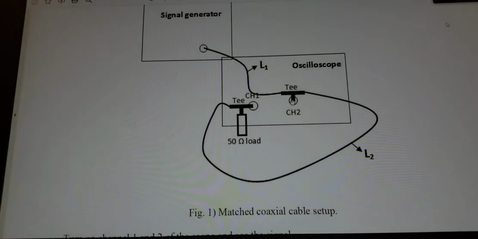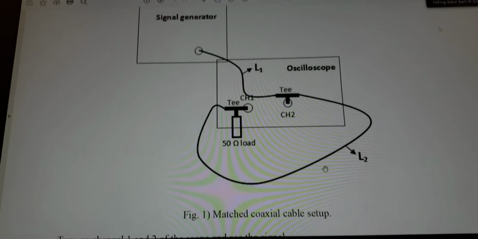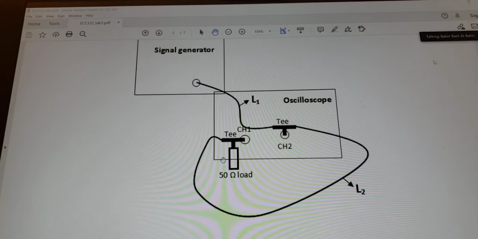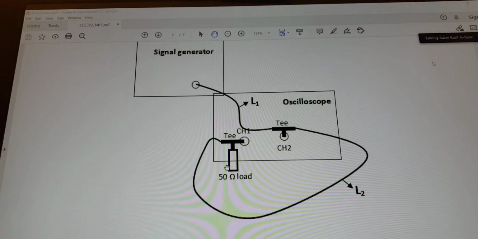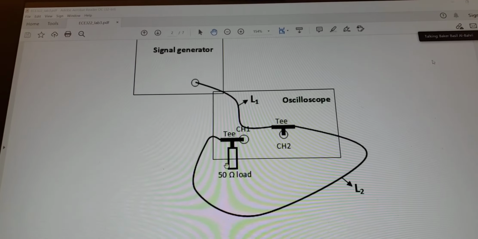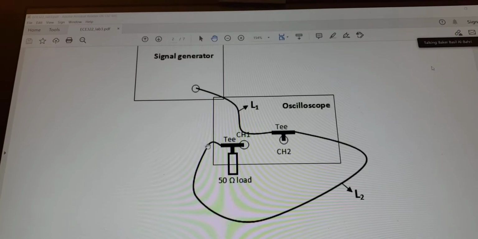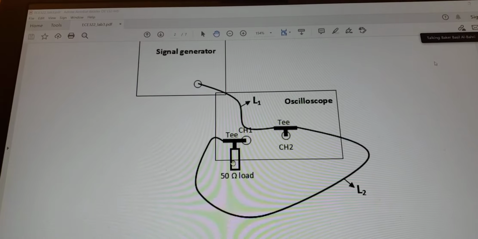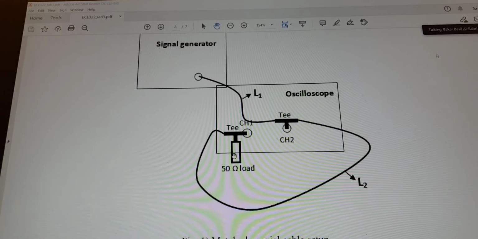Then the signal propagates again through L2 to channel 1, and at channel 1 we have termination here by the characteristic impedance, so there is no reflection. All the signal transmitted will be delivered to the load, no reflection, which is the best case.